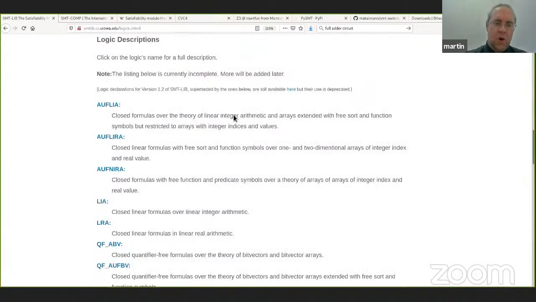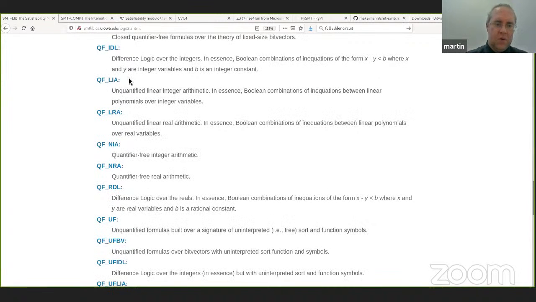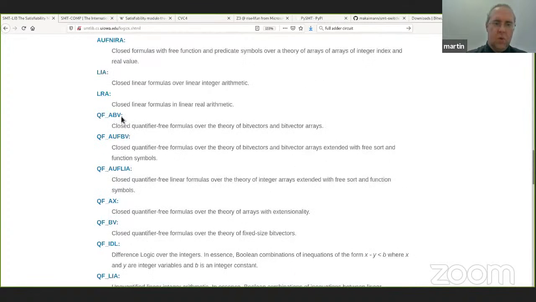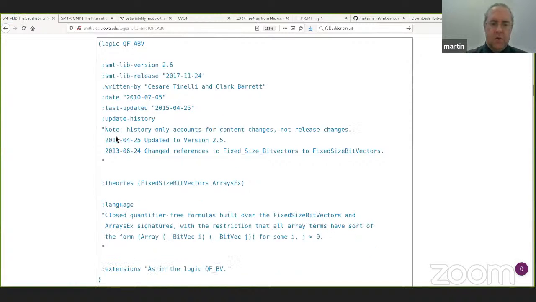And each one has a file that describes what's actually allowed.